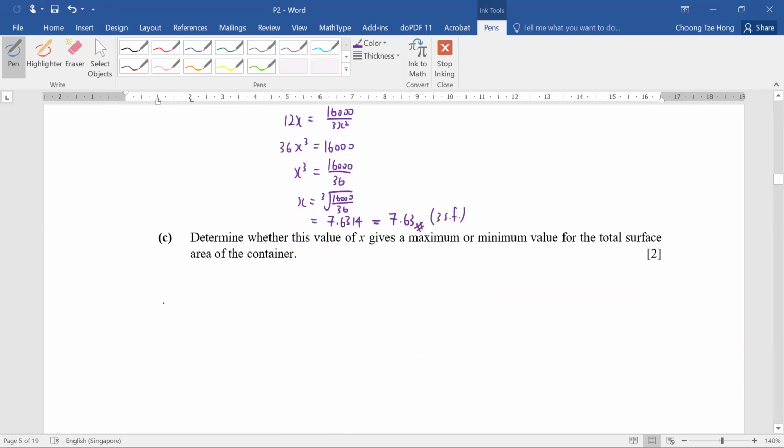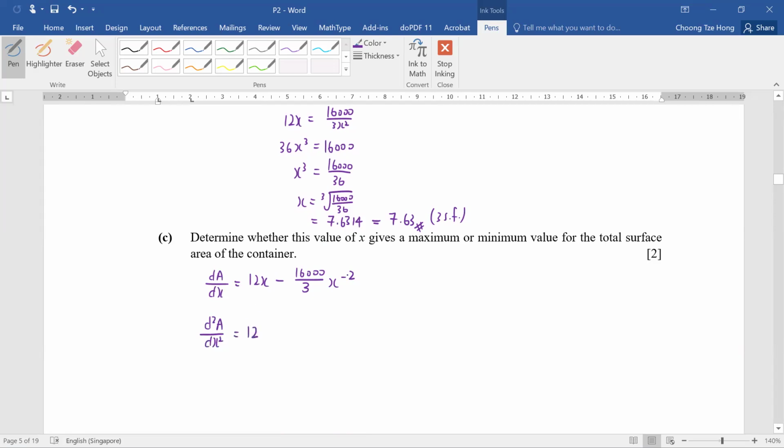Let's write down dA/dx one more time. dA/dx is 12x minus 16,000 over 3 times x to the power -2. So we'll find d²A/dx². Differentiate 12x, we're left with 12.